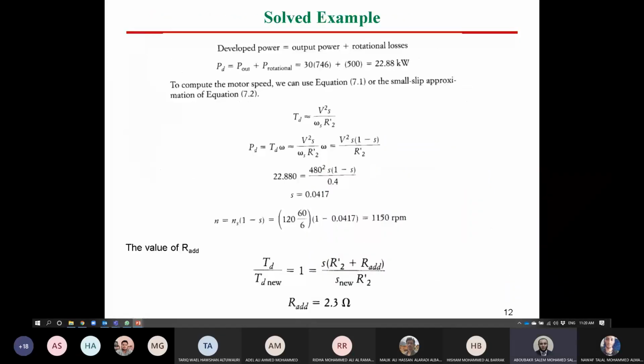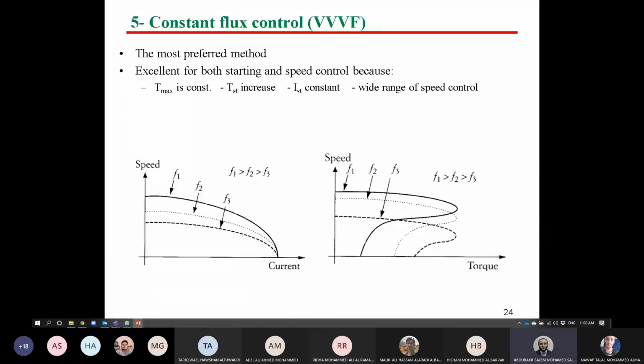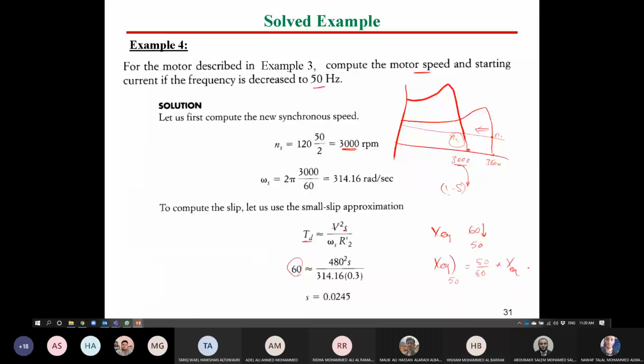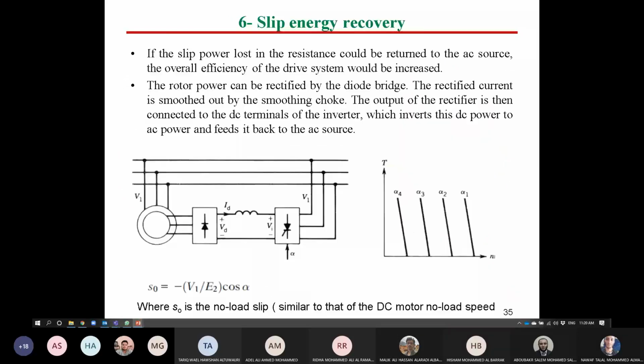Similarly, for our technique here, which is slip energy recovery, according to the control that we make at the inverter, this is called the inverter, we convert from DC to AC, and this is called the rectifier.